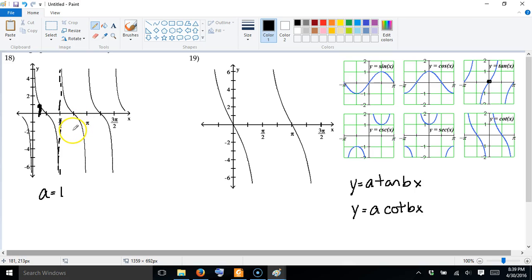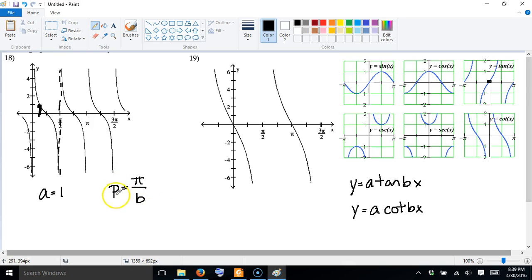And then how you get your value of b, same way as we do our sine and cosine functions, we determine what the period of the function is and find it from there. But if you remember, the period of your function for a tangent and cotangent function is equal to not 2 pi over b, but pi over b.